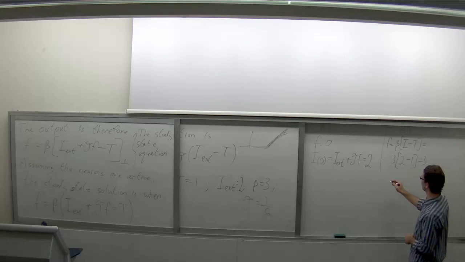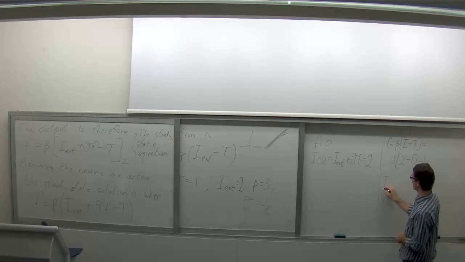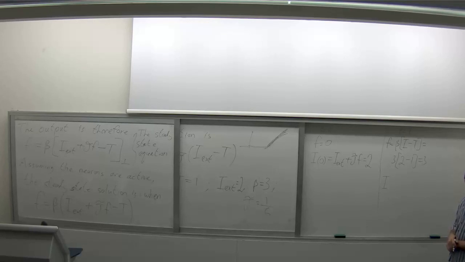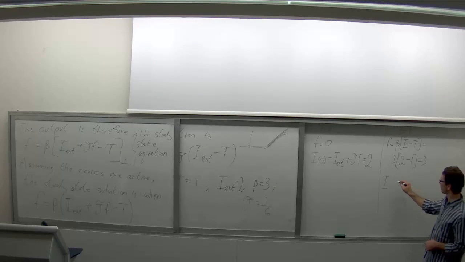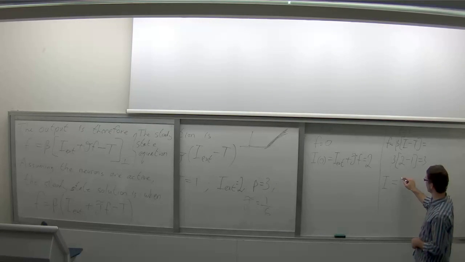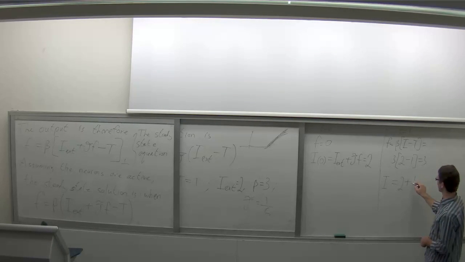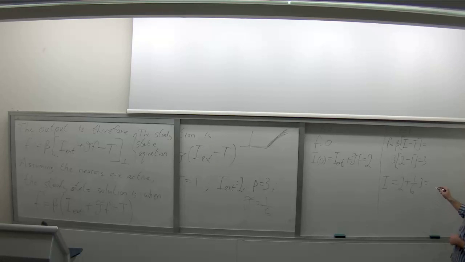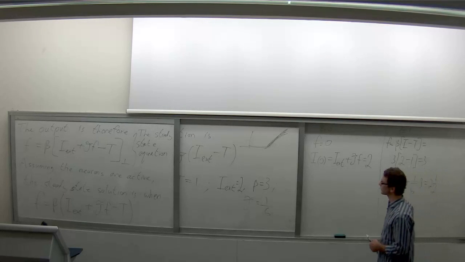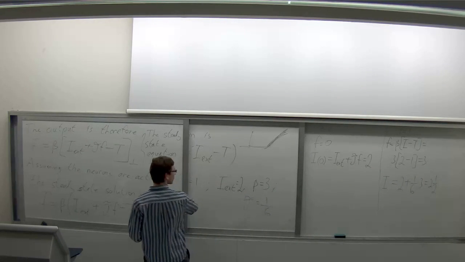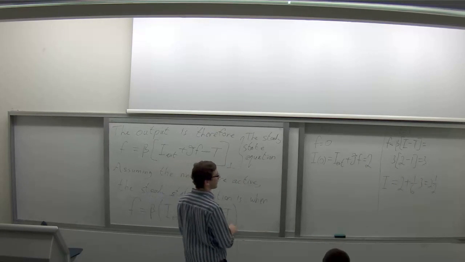And now what is going to be the input at the next step? It's going to be I external 2 plus J tilde 1 over 6 times F. So it's 2.5. This is the input at time 1.